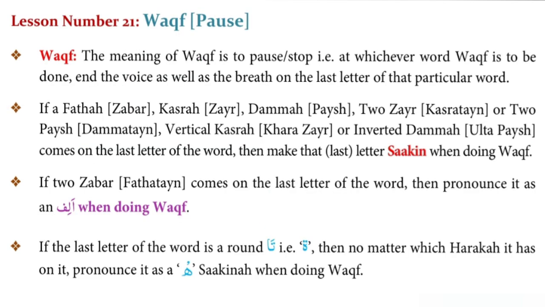Next rule. If two zabar comes on the last letter of the word, then pronounce it as alif when doing waqf. So dear viewers, if you see two zabar on the last letter of a word and you want to read that word with waqf, you have to change two zabar with alif.